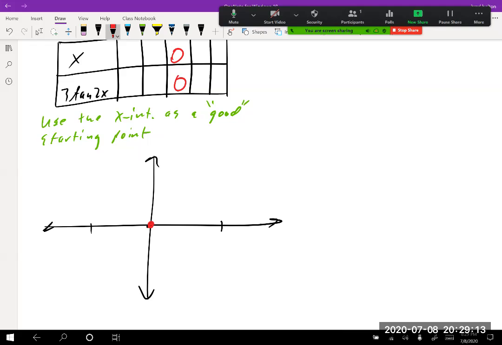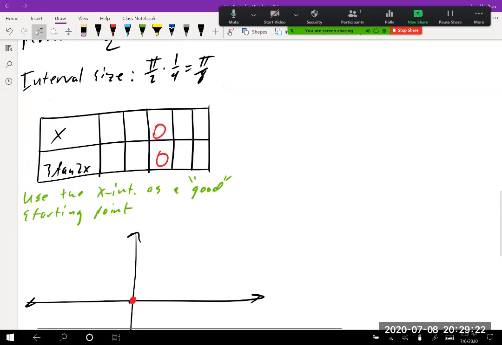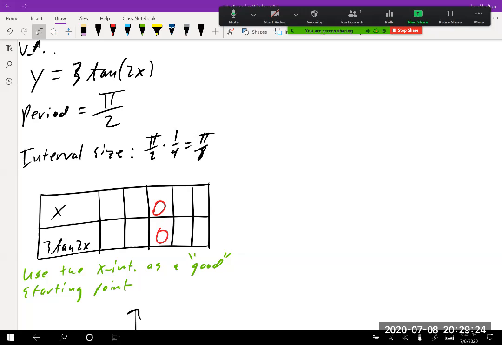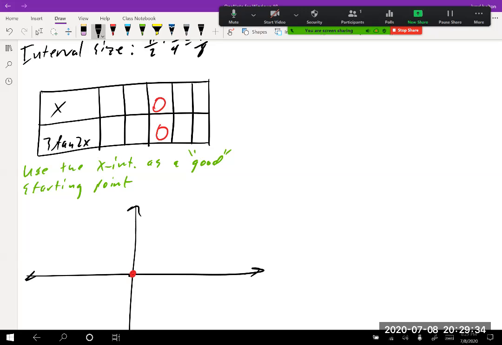So there should be another x-intercept in another pi from this, right? Or what did we say the period was? The period was pi over 2. Oh yeah, that's why. Okay, I was confusing myself. So that means it's going to be another pi over 2 from here.